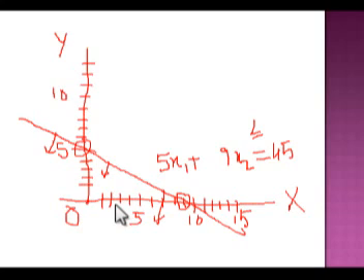Now another constraint passes through the points 2, 0 and 0, 2. It will be drawn in this way. It is x1 plus x2 equal to 2.